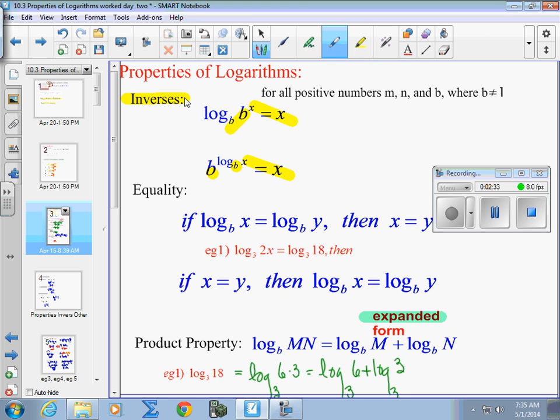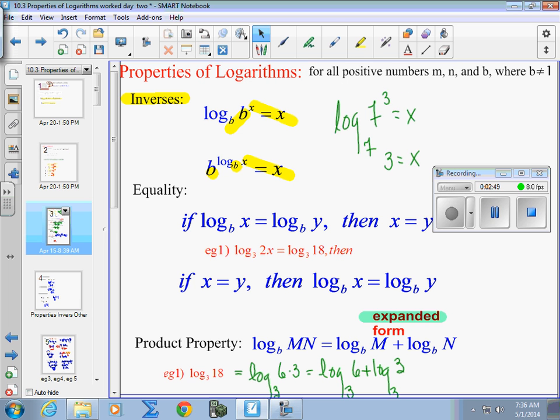An example might be log base 7 of 7 raised to the x, then x would be equal to 3. On the next one, you have an exponential function, so you have a base.